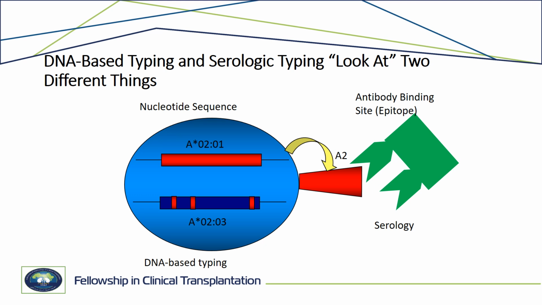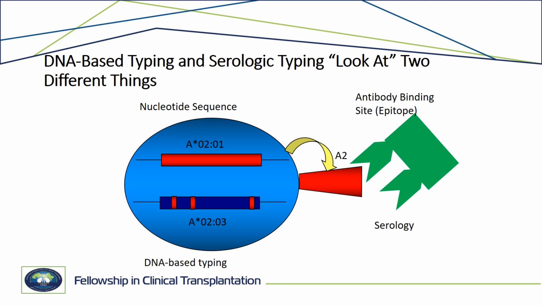DNA-based typing means that you're looking at the genes or the alleles expressed at the gene level or at the nuclear level. In this example, you can see a cell from an individual molecularly typed as A0201 and A0203. As you remember from the beginning of this presentation, I mentioned that usually you receive one haplotype from the mother, one haplotype from the father.